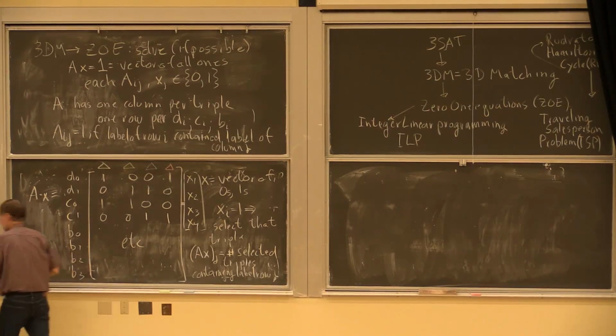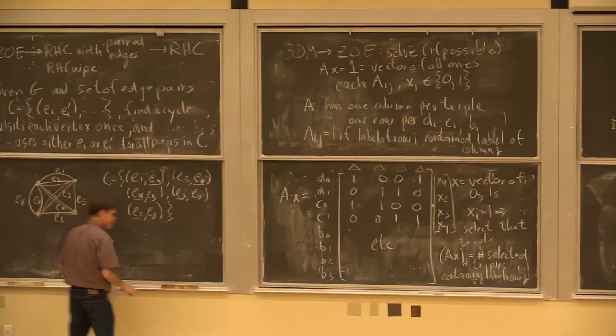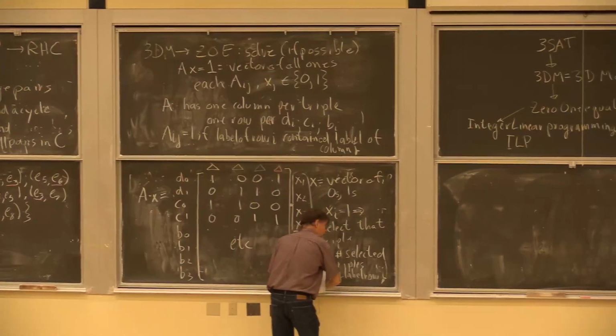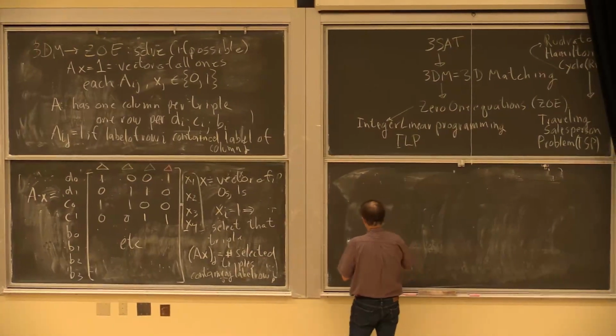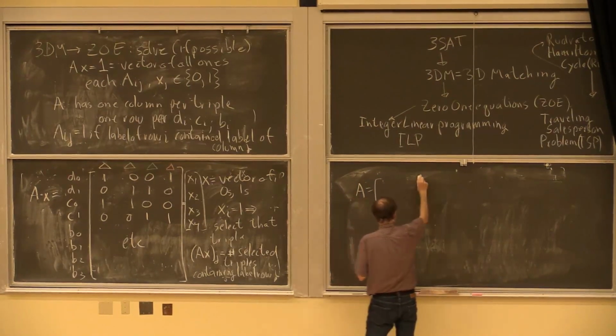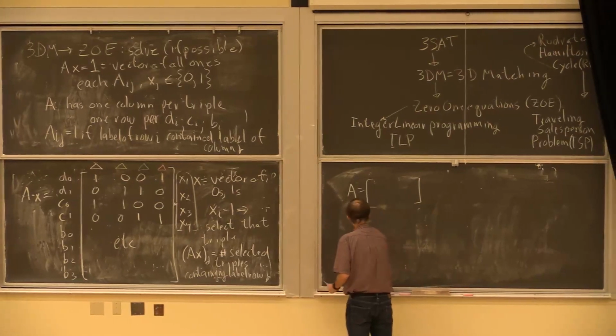Okay, so here is my matrix. It's going to be really small. It's going to have 3 rows and 4 columns.